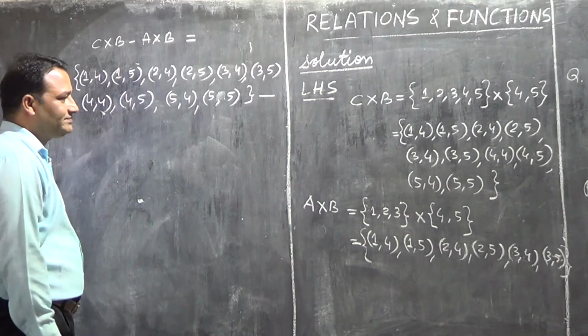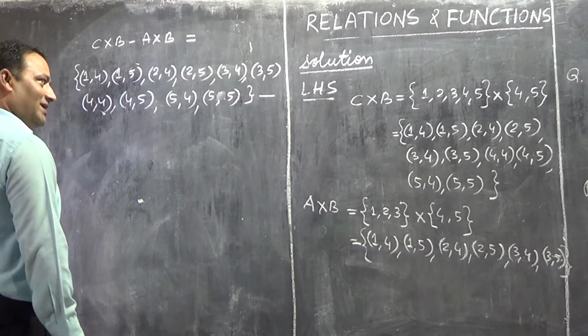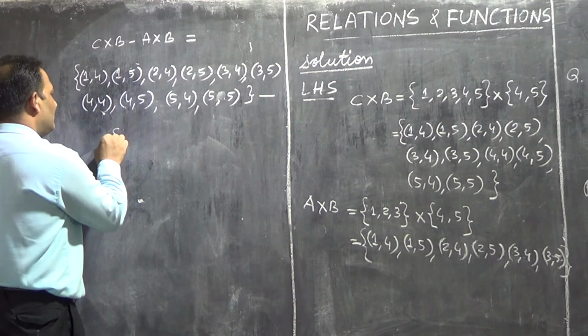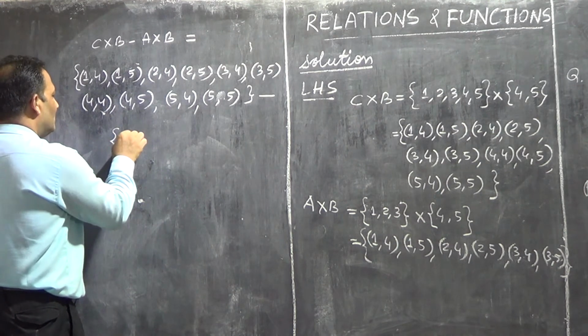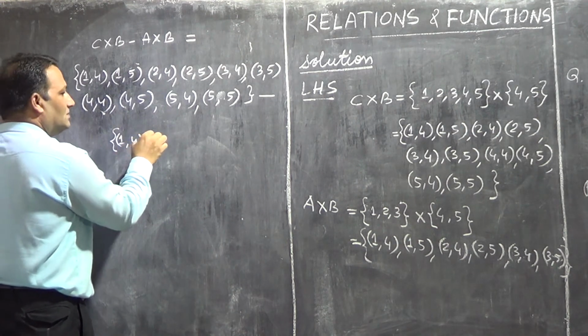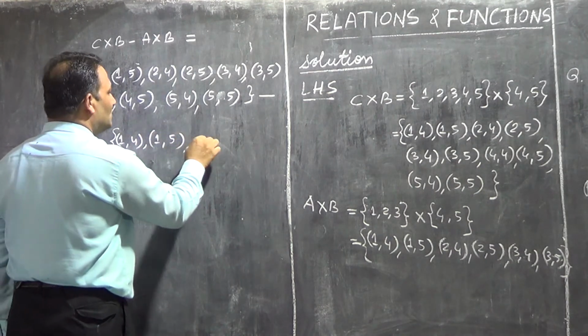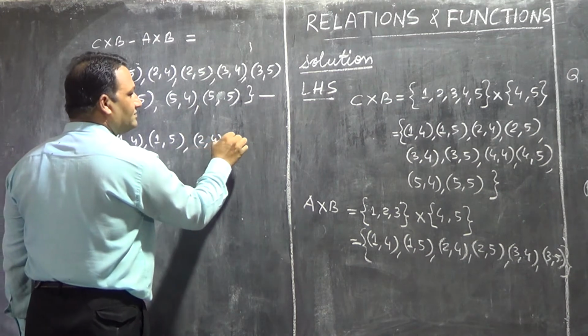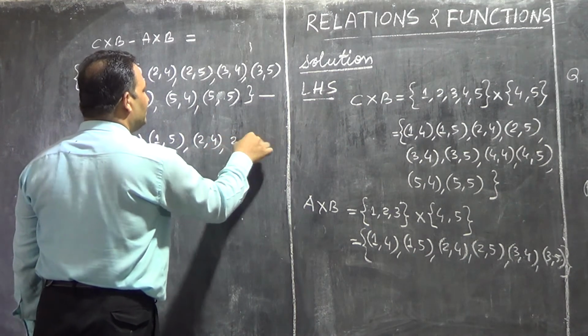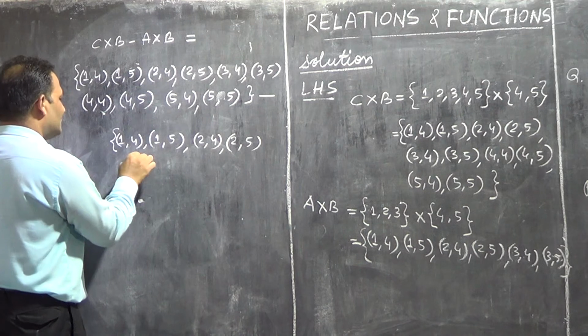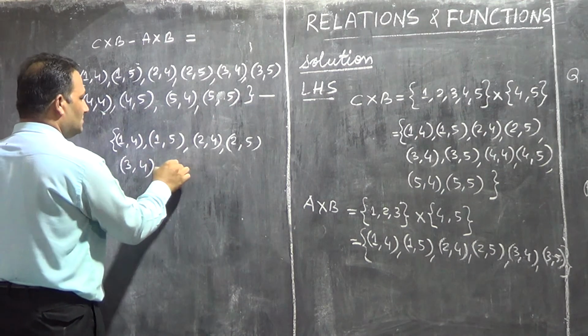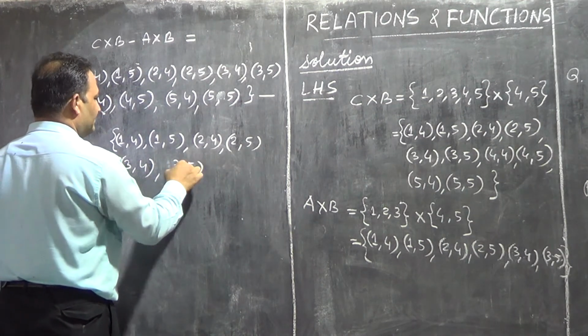Minus A cross B, the result of A cross B you write here. That is 1, 4, 1, 5, 2, 4, 2, 5, 3, 4, 3, 5.